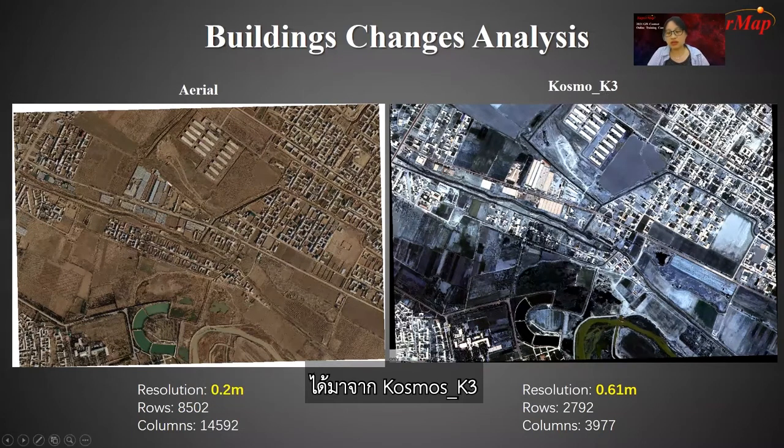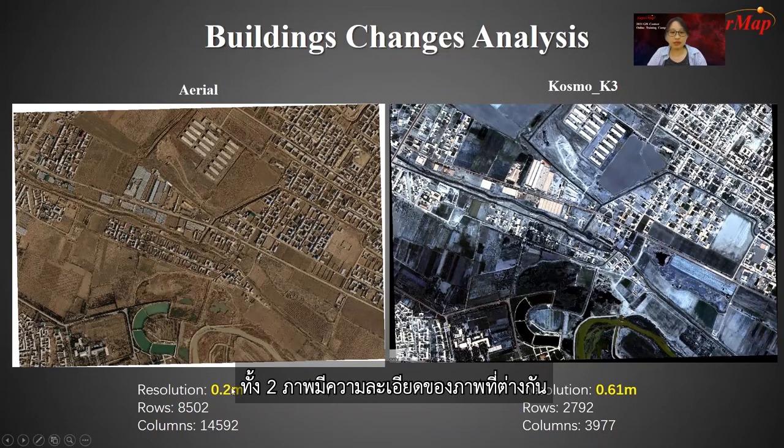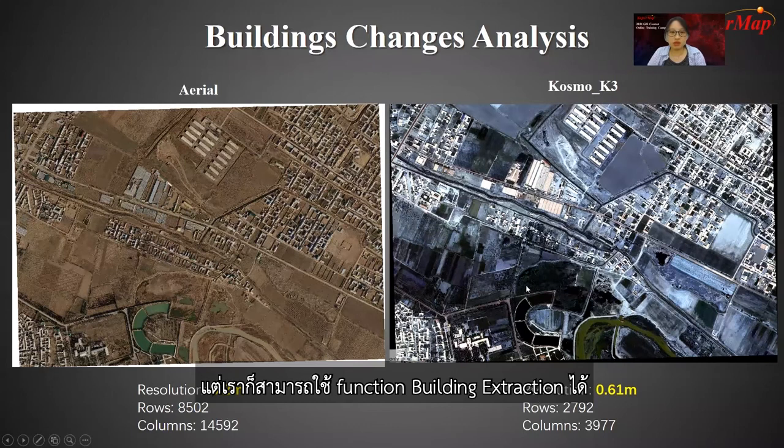This data is from the Cosmos K3 data, and we can see they are in different resolutions. But even so, we can see they are in the same region. Even though there are many differences, we can still do building extraction for these 2 images.